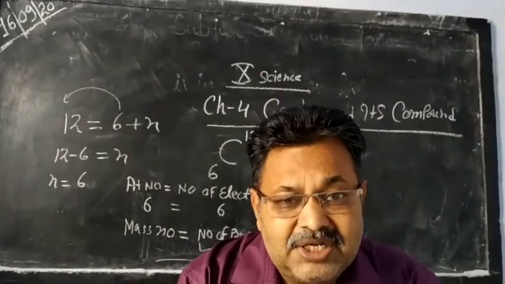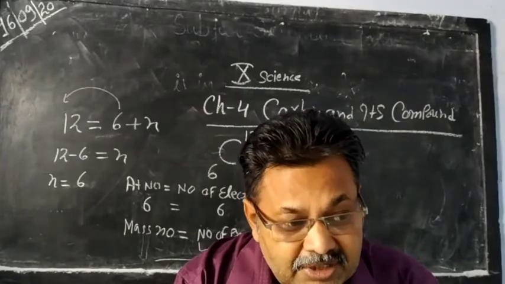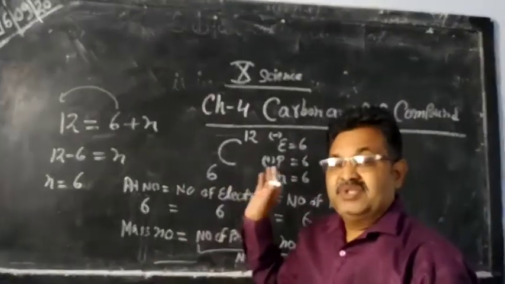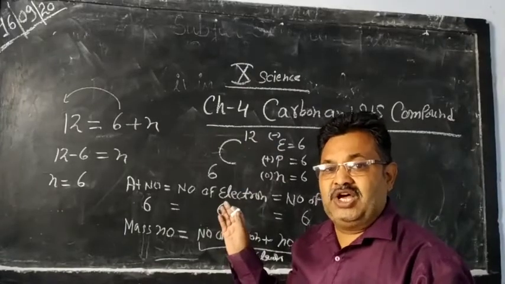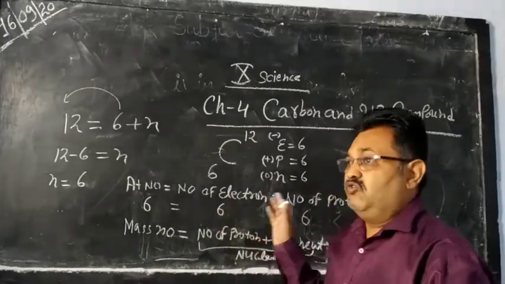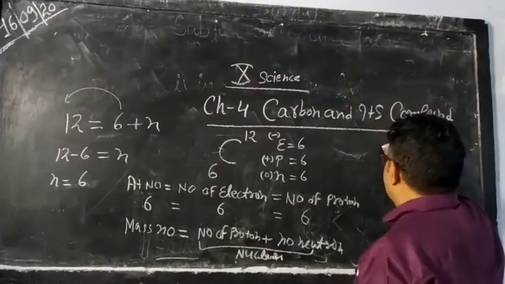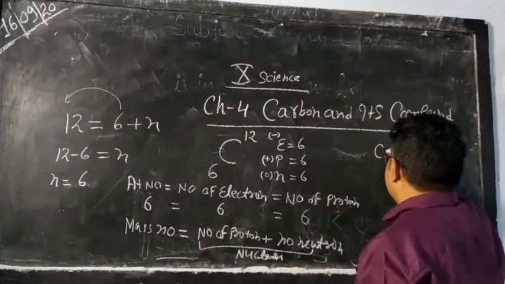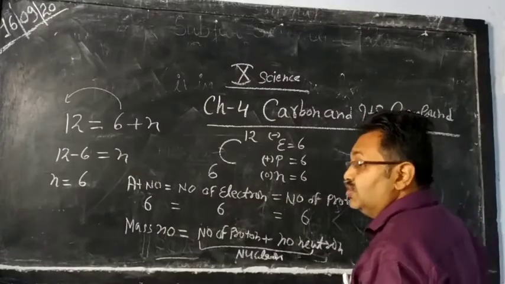You know carbon is a unique element. Why is carbon called a unique element? Carbon is called a unique element for the following reasons. The first one is that its configuration is 2, 4.